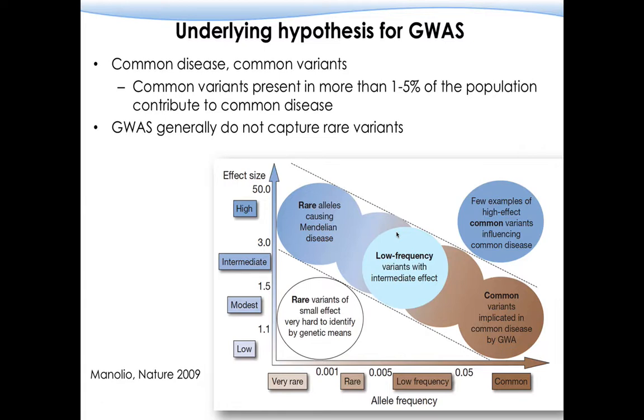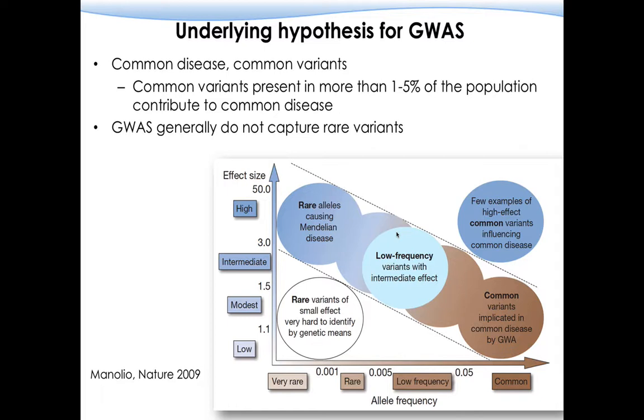One of the reasons for this is that if we do a GWAS study, we have to use SNP arrays. As we talked about in the first lecture, if we put something on the SNP array, that means we know there is a genetic variant. Normally people don't put rare variants on it because it won't profile many people.